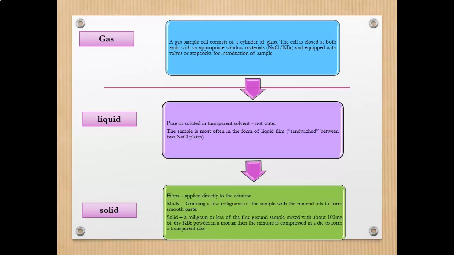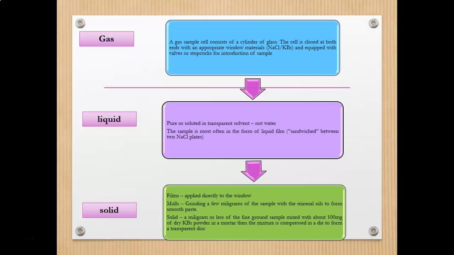We drop the liquid on the plate first, place the other plate on top, and clamp it so that it is in sandwich form. Then you put the sample together with the plate onto the position, and light will pass through the plate.